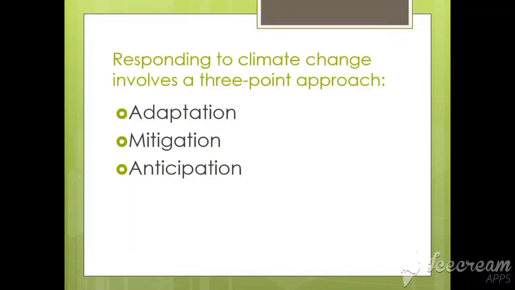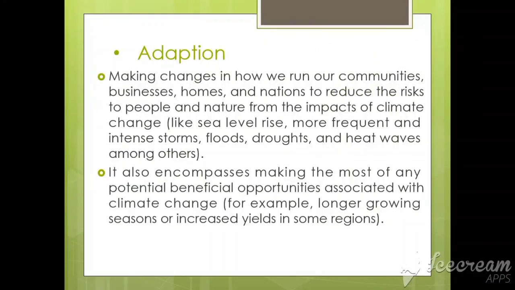Responding to climate change involves a three-point approach. Yan po yung three-point approach. Adaptation, mitigation, and anticipation. What is adaptation? Mag-a-adapt tayo sa nangyayari. Making changes in how we run our communities, businesses, homes, and nations to reduce the risk to people and nature from the impact of climate change.